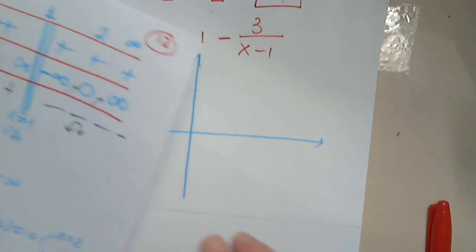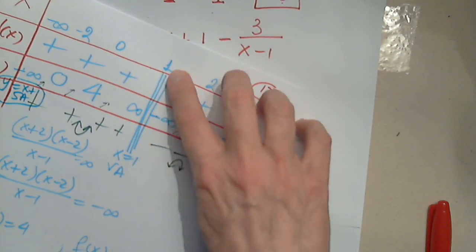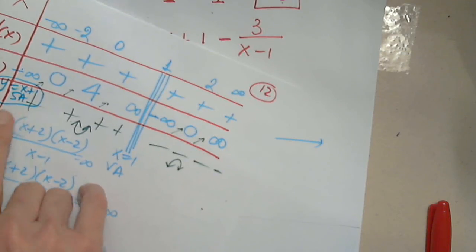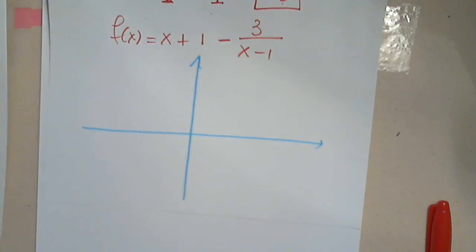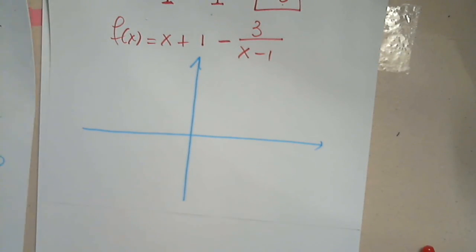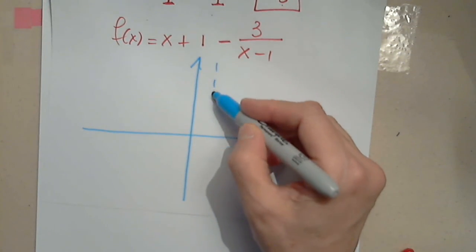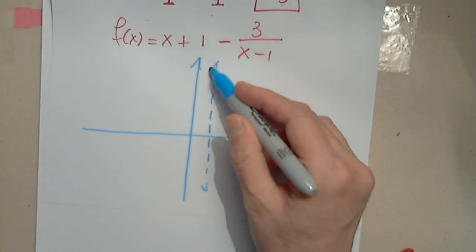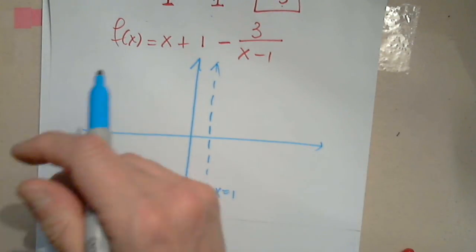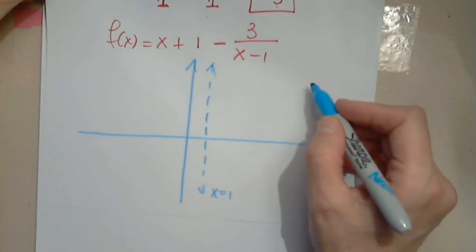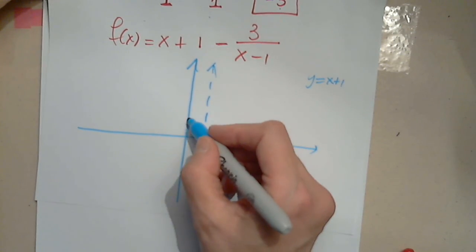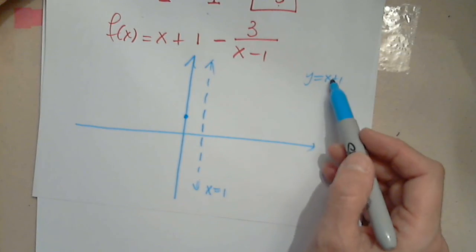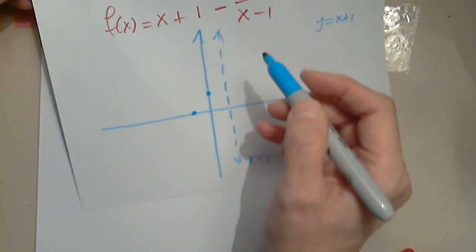So I see the function has two asymptotes, x equals 1, and x plus 1. I didn't mention symmetry, it cannot be symmetric. So I graph x equals 1. And I also have to graph y equals x plus 1. When x is 0, y is 1. When y is 0, x is negative 1.